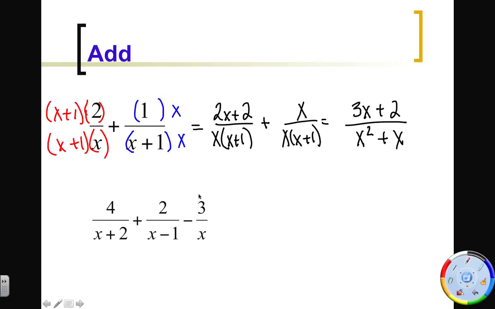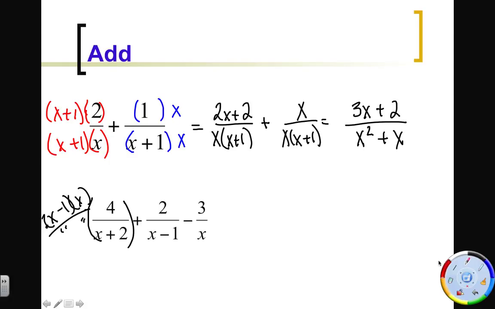All right, so not so bad. Same idea for the second fraction. Notice that now I have 3 denominators. Each of those 3 denominators have nothing in common. So this left fraction, I have to multiply by x minus 1 and x over itself.